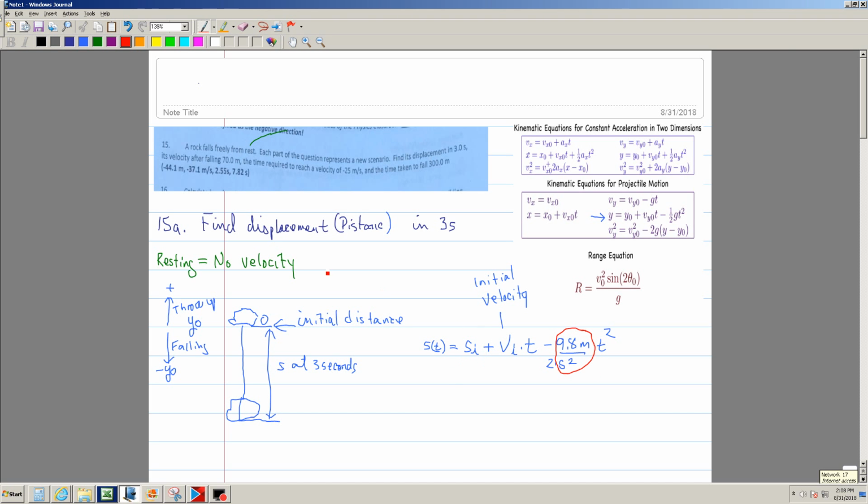So initial velocity, what did we say? It's 0, so this goes to 0. And the initial distance that we're starting at, we're saying this is 0, and we want to know the distance, so we set this to 0 too. Now the equation becomes much easier.